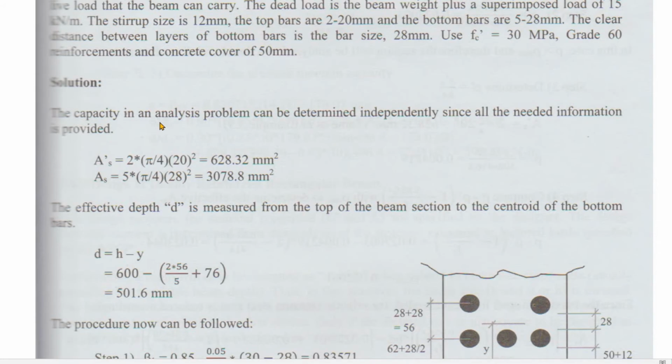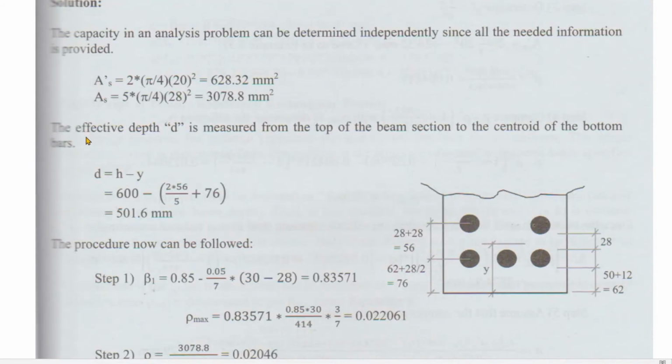So, ito na yung kanyang solution. The capacity in an analysis problem can be determined independently since all the needed information is provided. So, we have A prime S, 628, AS, yan yung 5 piraso, 3,078.8 mm squared. And then, the effective depth D is measured from the top of the beam section to the centroid of the bottom bars.